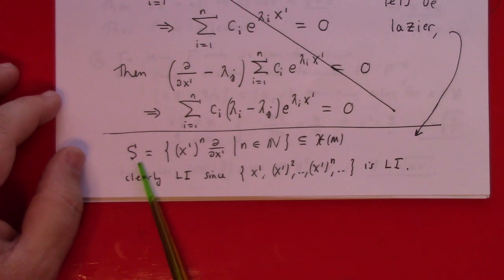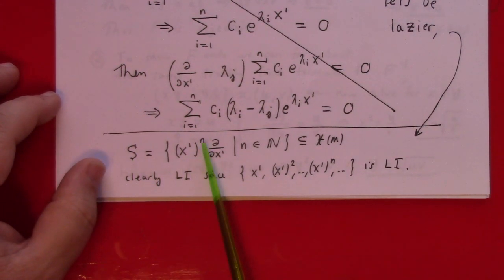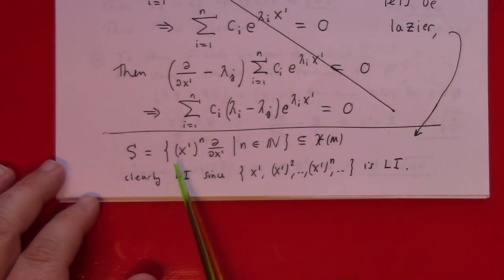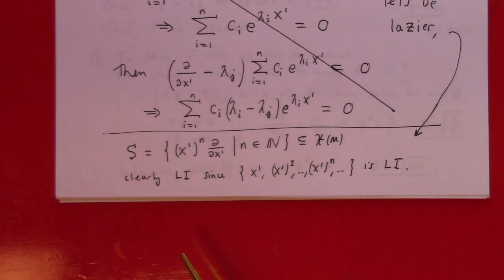I'm going to let my set S be x1 to the nth power, partial x1. That is available to me in any manifold of positive dimension, right? And you can prove that this is linearly independent as a set of vector fields, because when you take a finite linear combination of these and set it equal to 0, if you act on x1, then it gives you the same problem as the linear independence of the monomials in a variable.